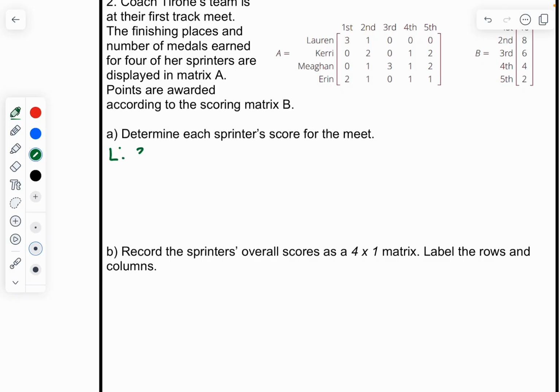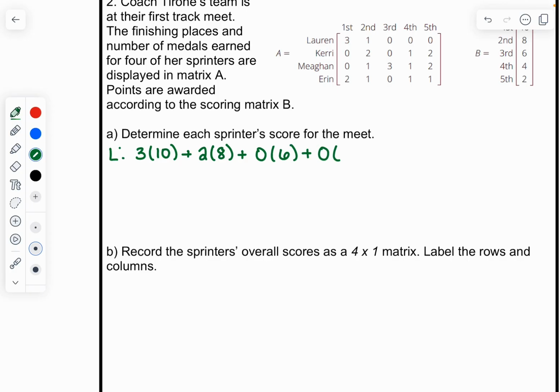Lauren won 3 first places, so she's going to get 10 points for each one of those, so 3 times 10. She has 2 second places, so she gets 8 points for each of those. She has no third places, so third place of 6 points is going to be multiplied by 0.